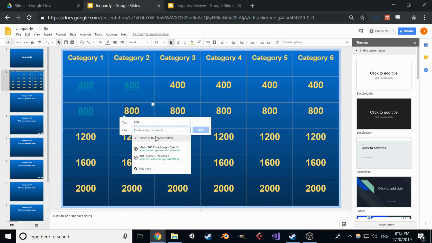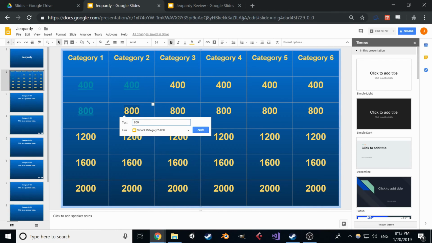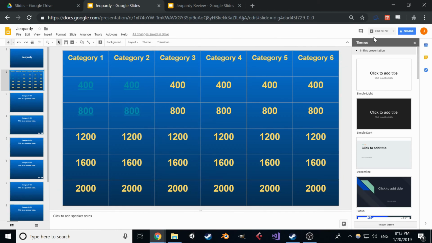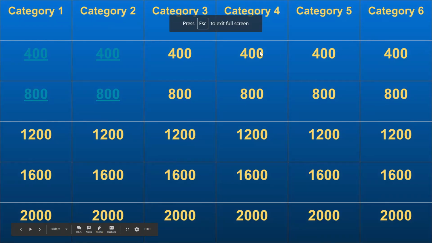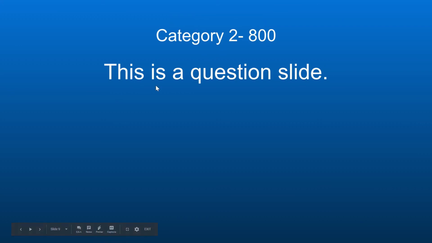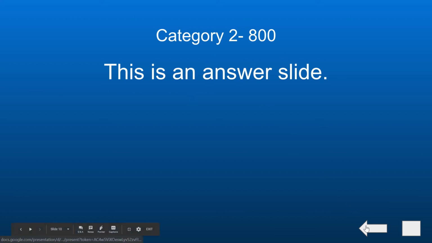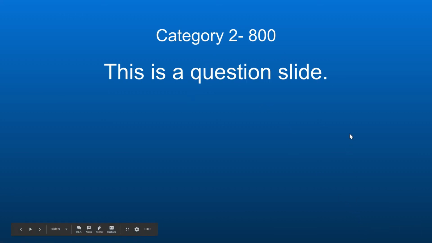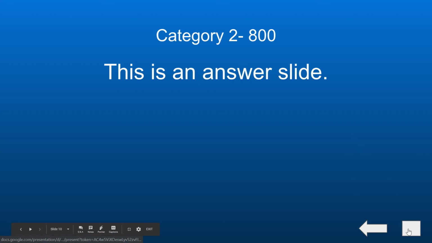Link here, slides in the presentation, category 2 800, apply, and there we go. And let's just test this out one more time. Category 2 800, this is a question slide. Category 2 800, this is an answer slide. We can go back. Question, answer, and home.